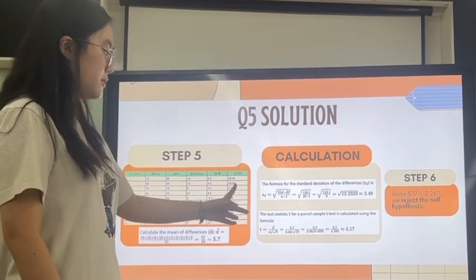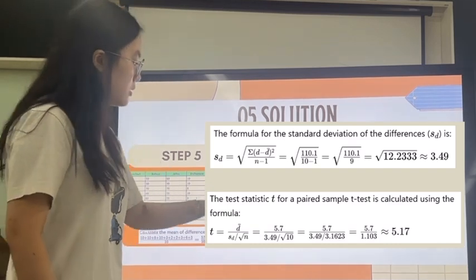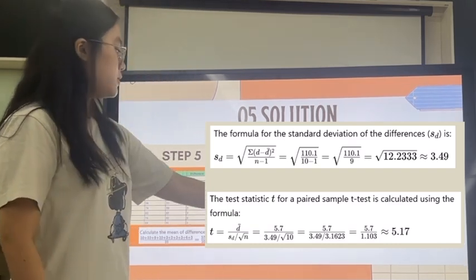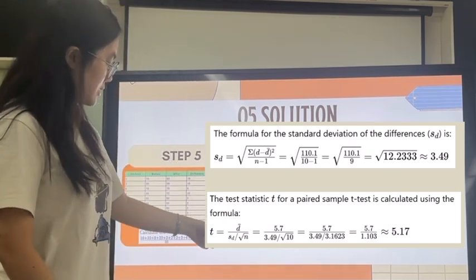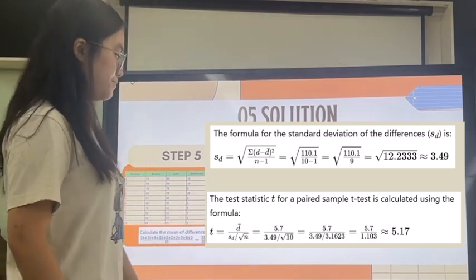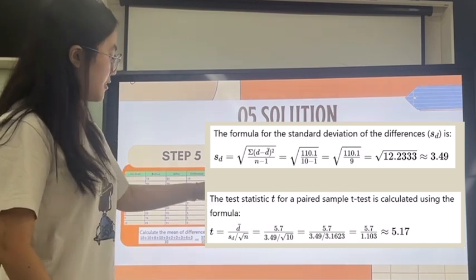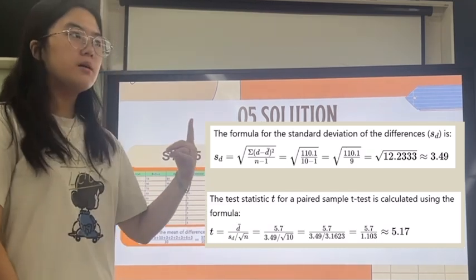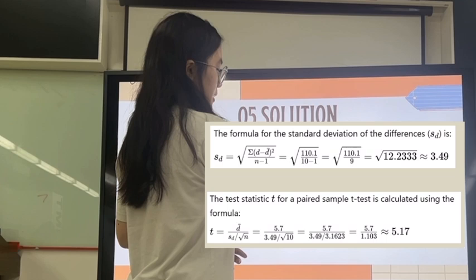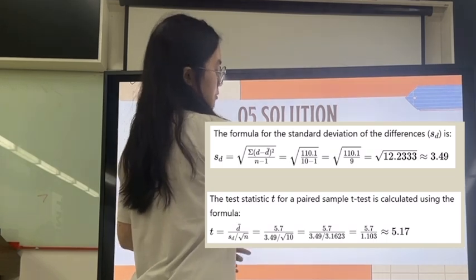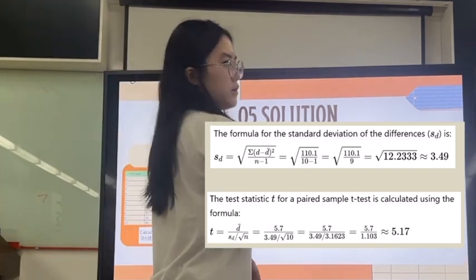Why we need to do that is to find the standard deviation. So the standard deviation uses this formula, the root of the sum of this divided by n minus 1. So we're gonna just add all of this, and we find that it is 110.1. We're gonna divide it by 9, finding 12.233, and we're gonna root it, and it's approximately 3.49.